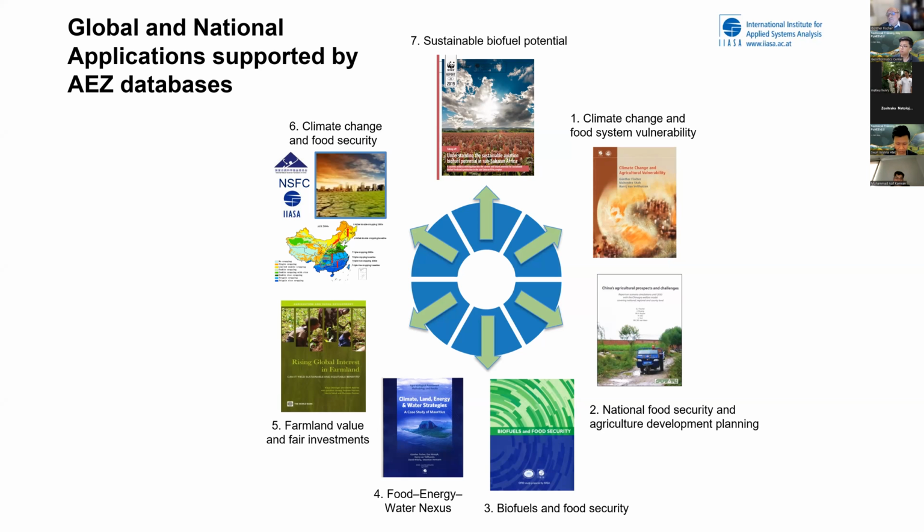This was the first time that global AEZ has been used to assess the impact of climate change on important food crops and to feed this information into an economic food system model to analyze how this would affect world food production.